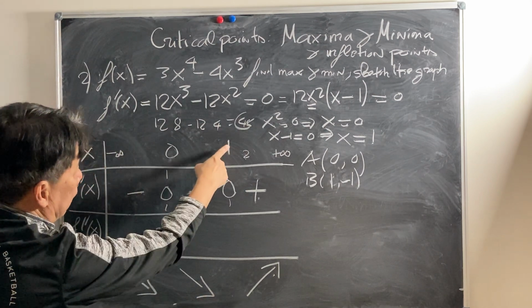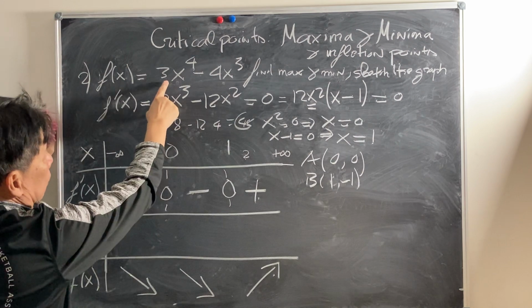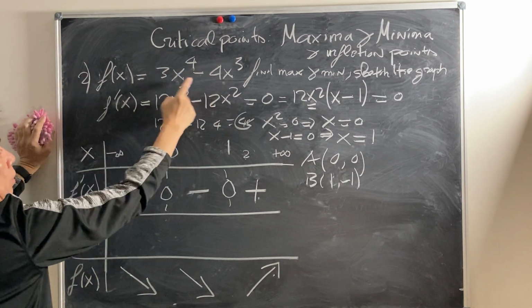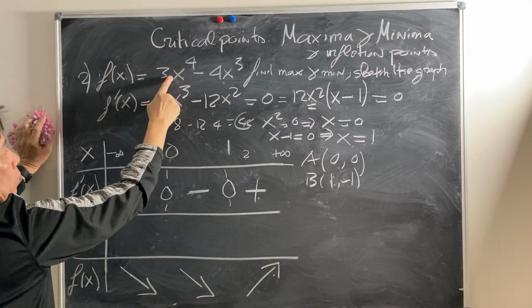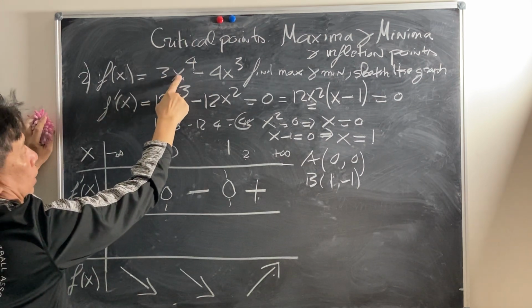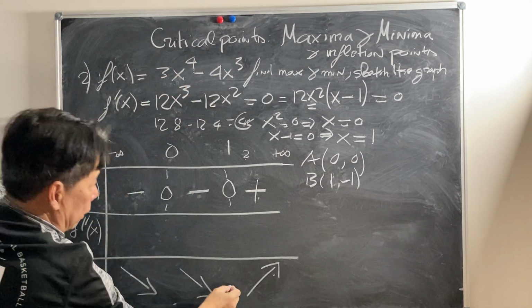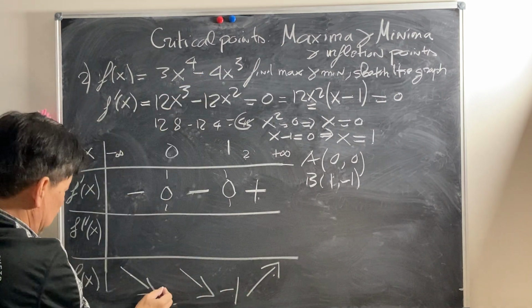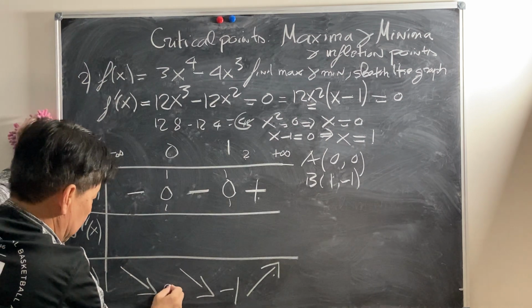Okay, so when x equals 1, you can substitute into the original equation. So when x equals 1 right here, 3 times 1 minus 4 times 1 is minus 1. Okay, so when x equals 0, this one equals 0.